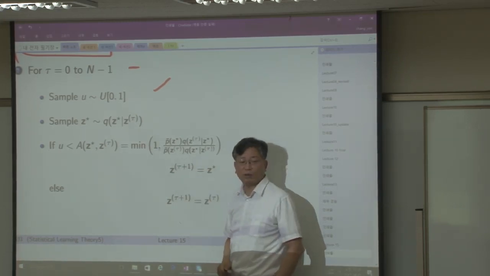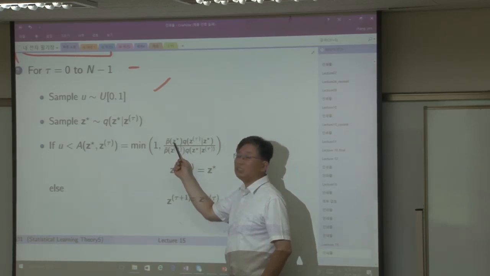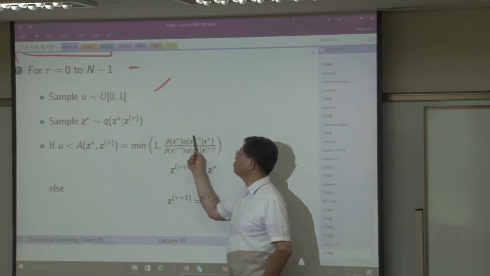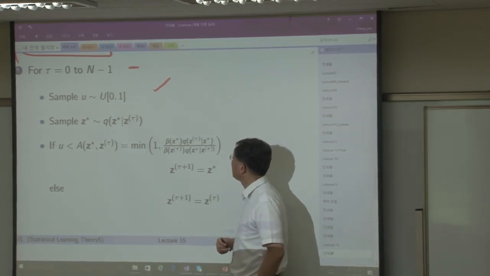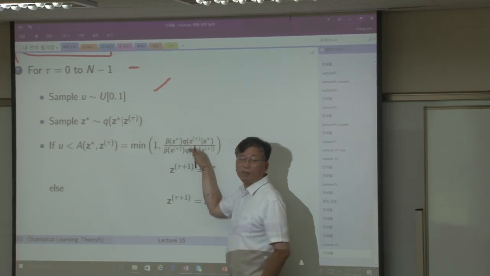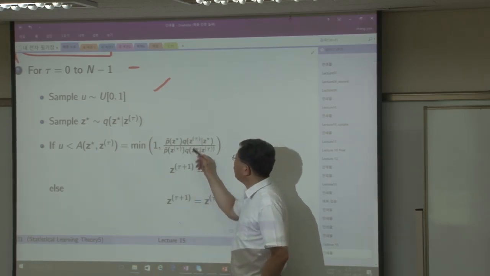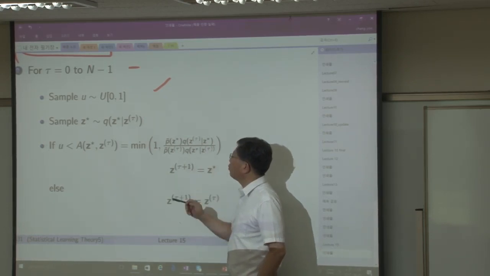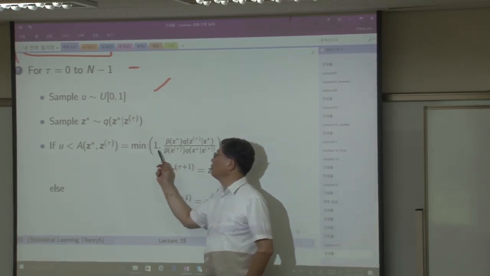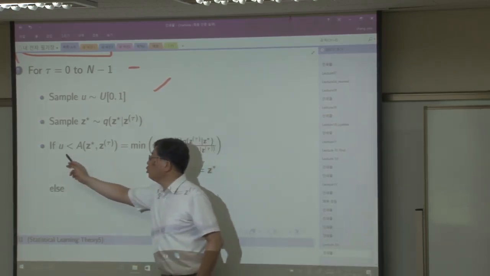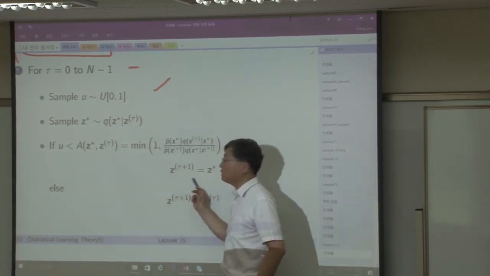That's what the denominator represents. The top represents from z star, I'm going to z tau. And I'm comparing the ratio. So if this ratio is bigger than 1, the minimum value will be 1, and u will always be less than 1, right? And I'm always accepting.